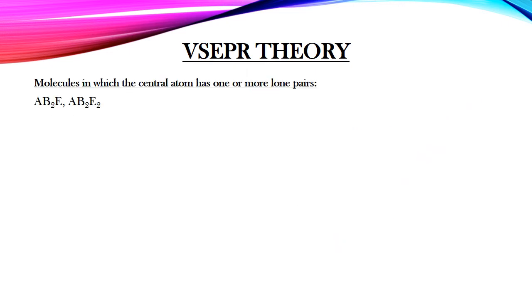Okay, the first one, AB2E. It is as good as having three atoms around the central atom. So it is supposed to be trigonal planar.